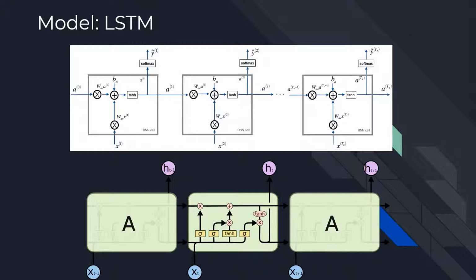This is important for music generation because songs usually have a strong song structure. So in music generation, the next note will depend on all the previous notes and not just the one previous note before it.